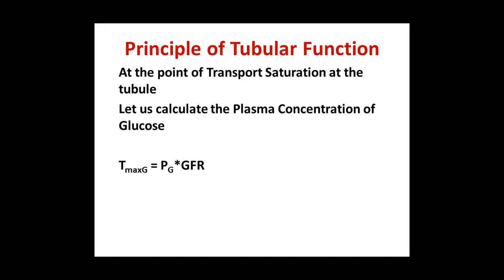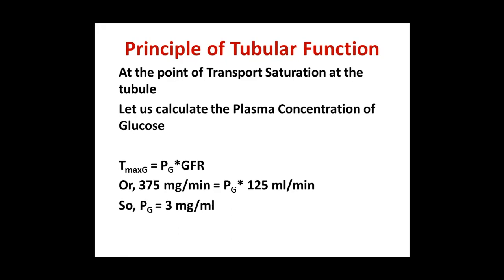So Tmax G is equal to PG times GFR, or 375 milligram per minute is equal to PG multiplied by GFR of 125 ml per minute. So PG is 3 milligram per ml, or 300 milligram per dl.